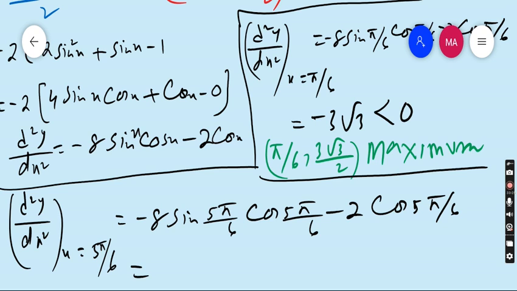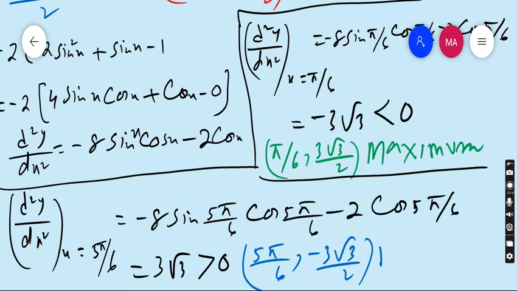The answer is 3 root 3, which is greater than 0. Hence, 5 pi by 6 comma minus 3 root 3 upon 2 is minimum.